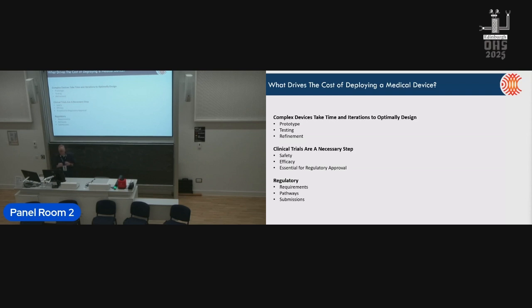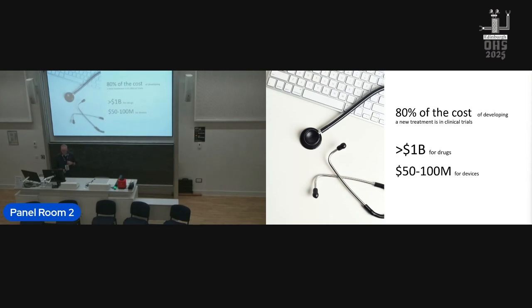And there are requirements in each country for regulatory that have to be followed, different pathways depending on the device. Is it a class 3, a class 2 device? All these things have to be factored in. And it's very interesting that 80% of the cost of getting a new device to market has to do with the clinical trials.